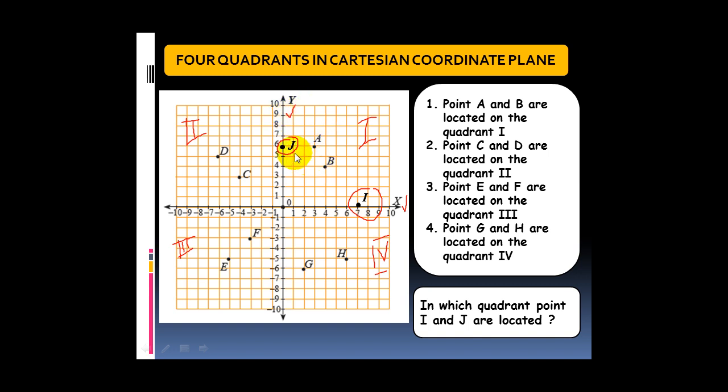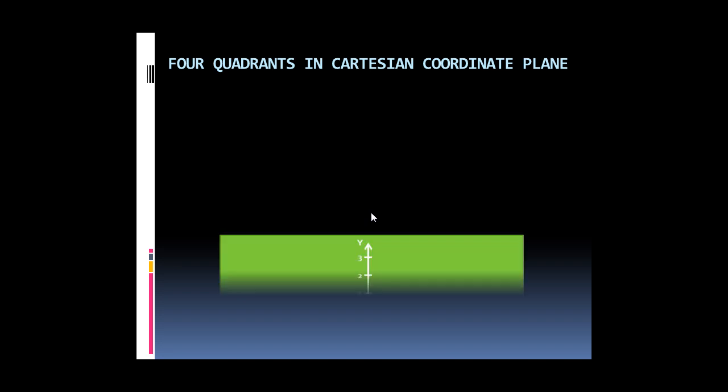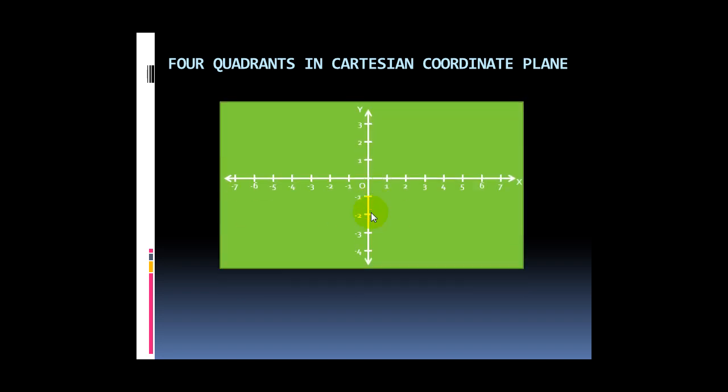Ya, tepat di sumbu Y. Dan point I tepat di sumbu X. Kenapa? Di penjelasannya, 4 quadrants in Cartesian coordinate plane. This is the coordinate plane, and then 4 quadrants.